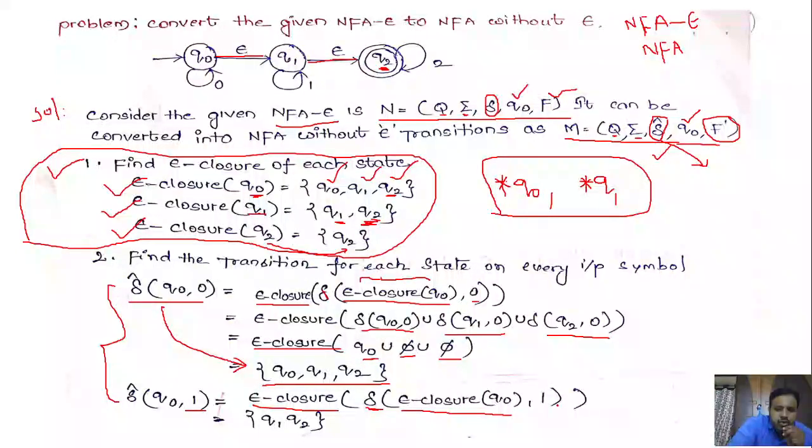What you need to do is write delta of Q0 comma 1 union delta of Q1 comma 1 union delta of Q2 comma 1.